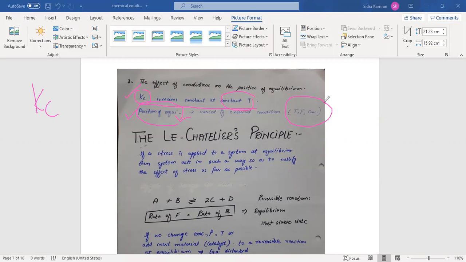Next, we have a very important and very interesting topic, that is Le Chatelier's principle. In the equilibrium constant, we do not move forward without discussing Le Chatelier's principle. Basically, what is Le Chatelier's principle? It is basically the discussion of how we can increase production, how we can increase the product which we want.